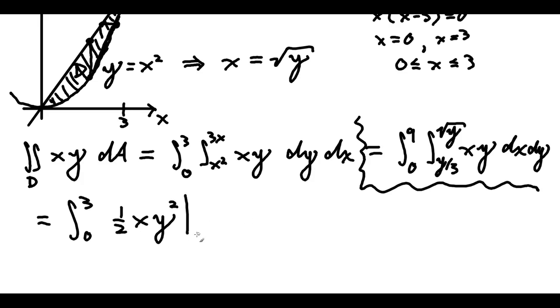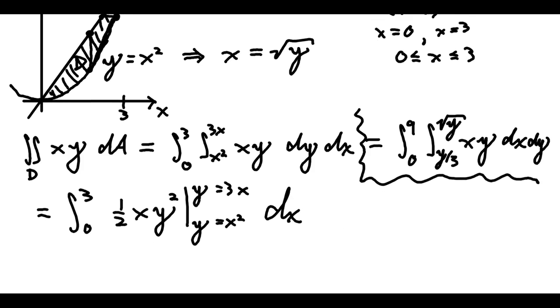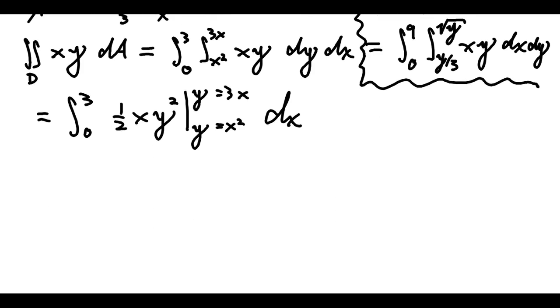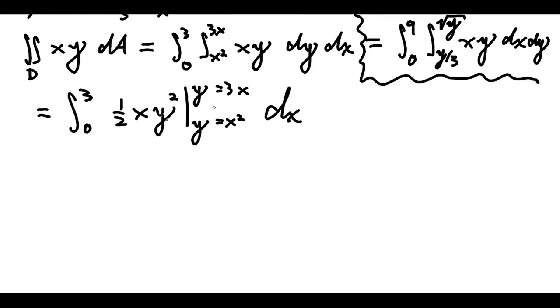And that is from the lower bound of y equals x squared to the upper bound of y equals 3x, and that's all dx. So I've evaluated the inner integral and just copied the remaining bits from the outer integral. Let's go ahead and bring the 1/2 out front. I don't think it's going to do any good to leave that inside of there.